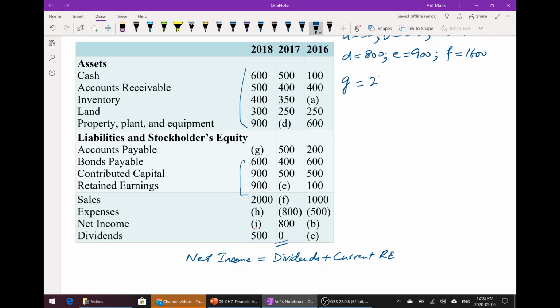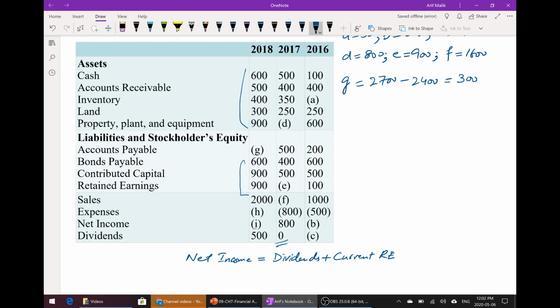So this is 2700 minus these 9 plus 9 is 18 plus 6, 2400. So G is coming as 300. All right, so G is there.